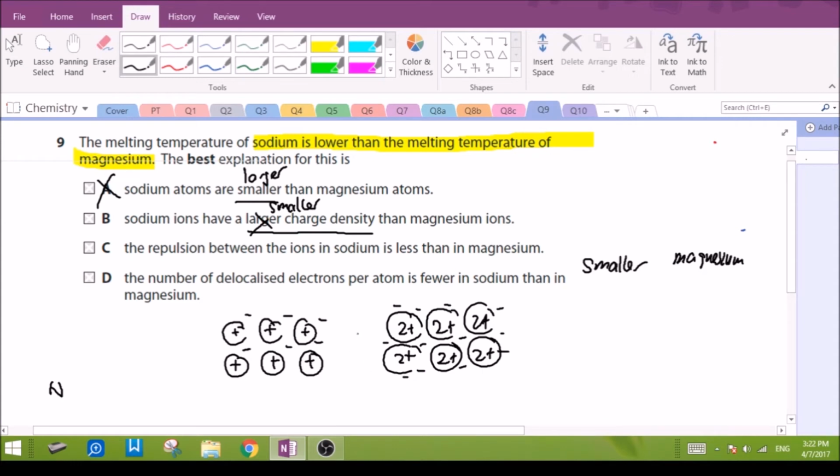Then let's check out the repulsion. The repulsion for sodium is less than magnesium. This is actually correct, because sodium is only +1 charge, so it will repel each other with less force than a 2+ repels a 2+. So there is stronger repulsion here.